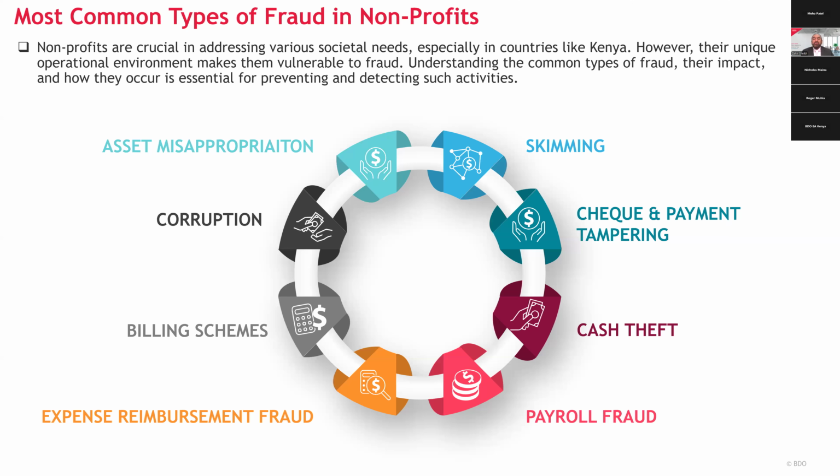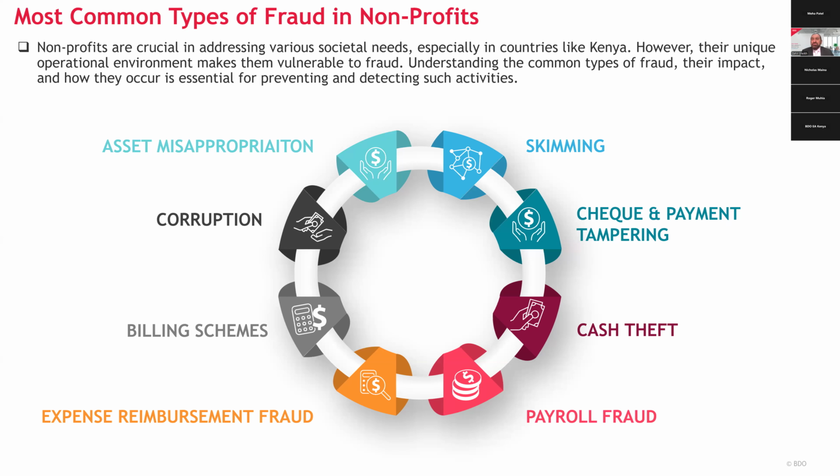How does it occur? This type of fraud typically occurs when employees or volunteers have access to cash, inventory, or other valuable assets, and common methods include the outright theft of cash, misuse of organizational vehicles or equipment, and unauthorized sale of donated goods.